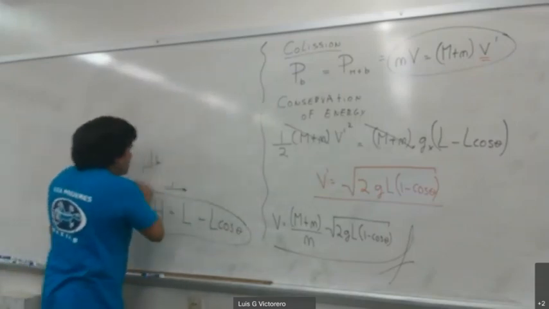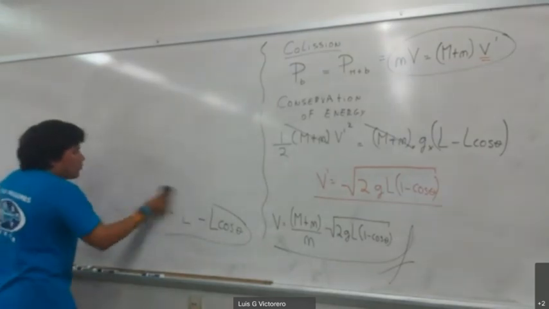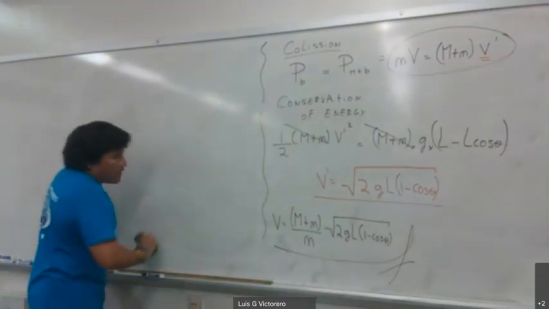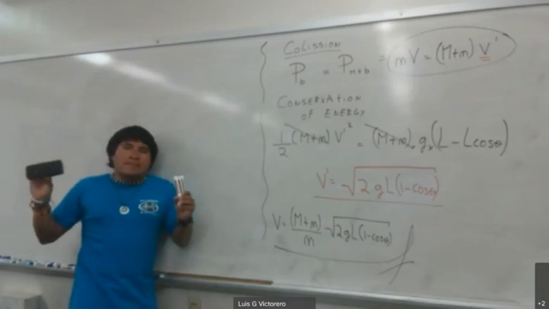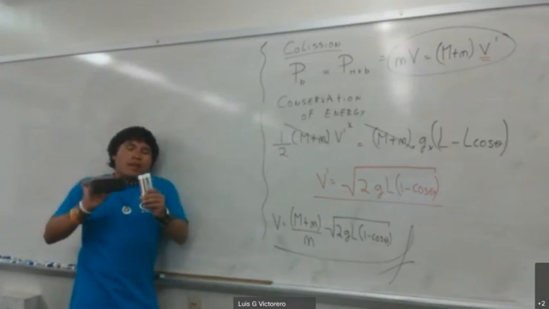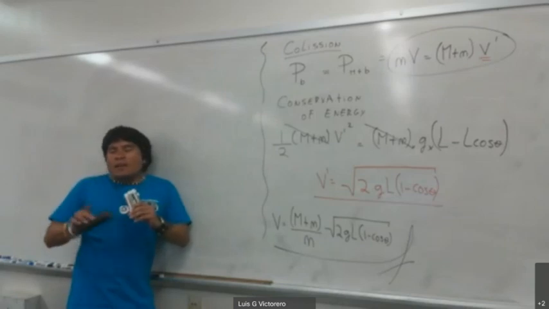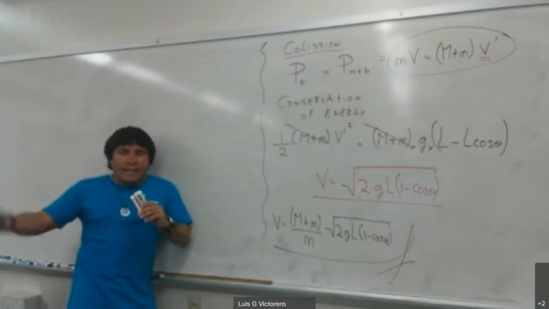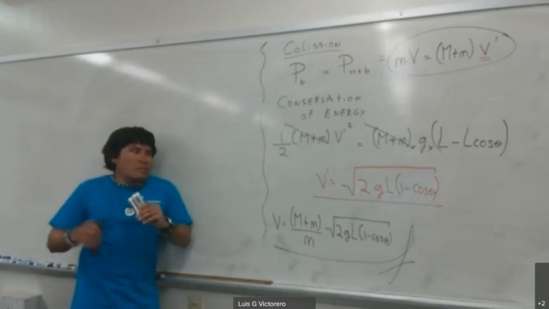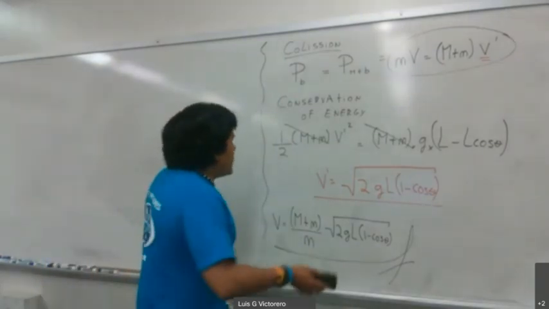So now, for the elastic collisions, you're gonna have 2 masses. They're gonna collide. I'm gonna use the example from the book. One of the masses has a spring, so we can extend on the given question. But the technique is the same.